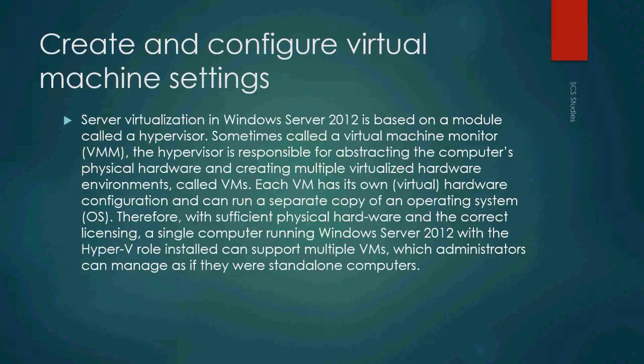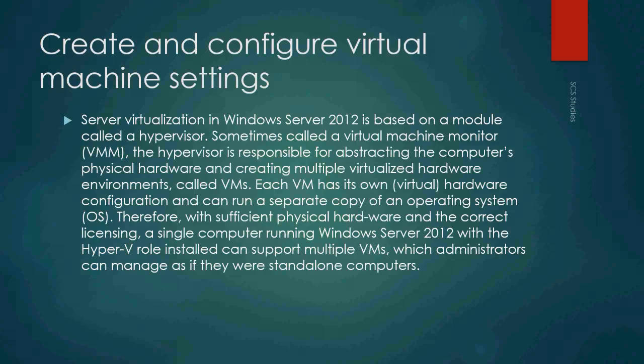So before you start creating any virtual machine, remember that server virtualization in Windows Server 2012 is basically based on the module called Hypervisor, sometimes called a virtual machine monitor, VMM. The hypervisor is responsible for abstracting the computer's physical hardware and creating multiple virtualized hardware environments. These are actually called VMs.